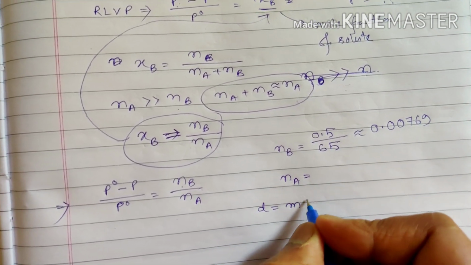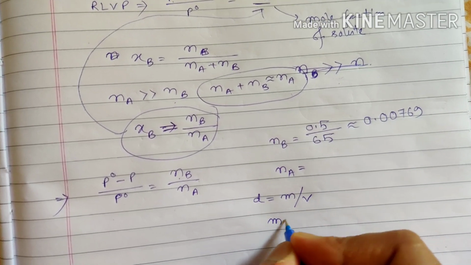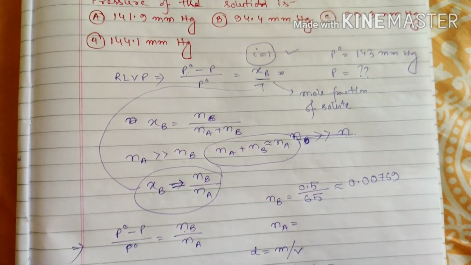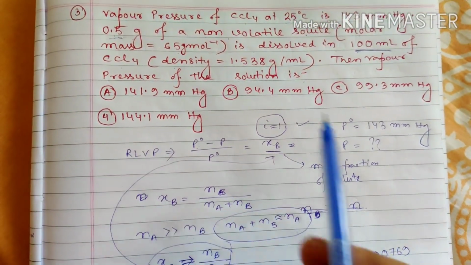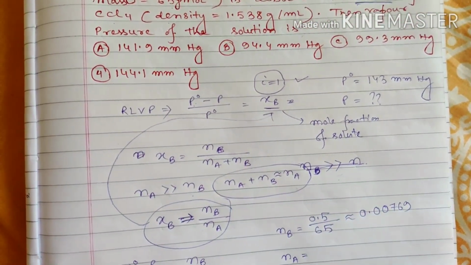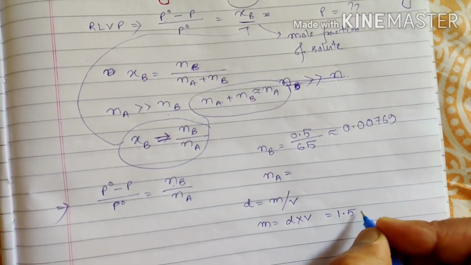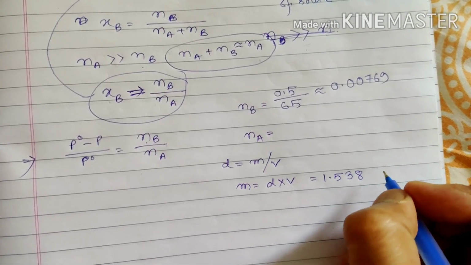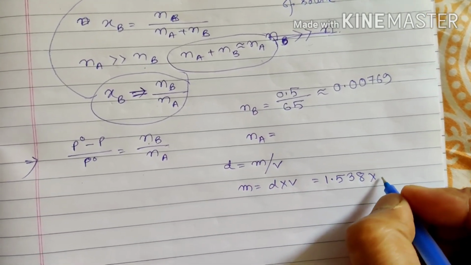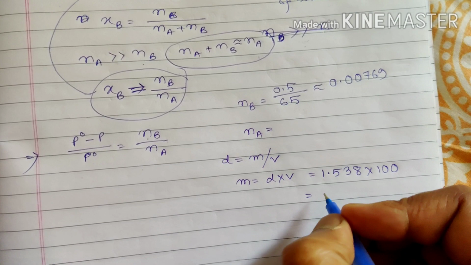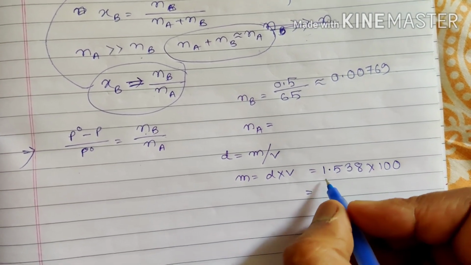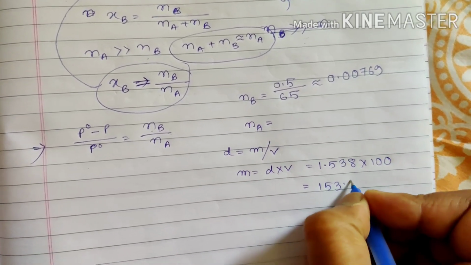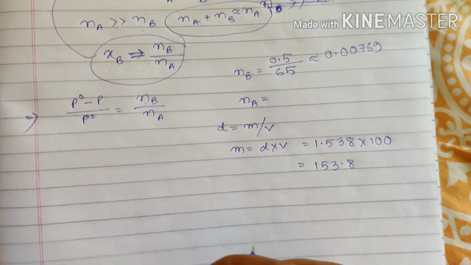Density is equal to mass by volume, so mass should be equal to density into volume. The density as per the question is 1.583 gram per milliliter, into the volume, which is given as 100 ml. If we calculate, we get 153.8. That is the mass.